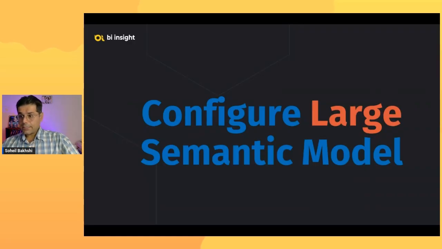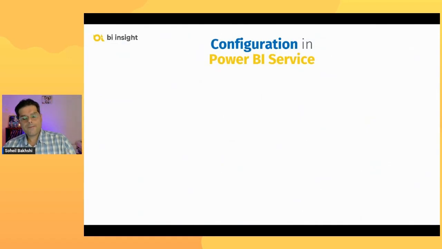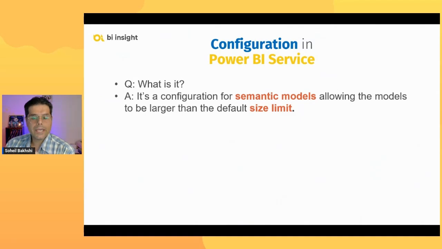The next topic is configuring large semantic models within Power BI service, right? This is a configuration available specifically for semantic models. You can do it on the semantic model level, or you can do it on workspace level, but it allows the models to go beyond the size limit.